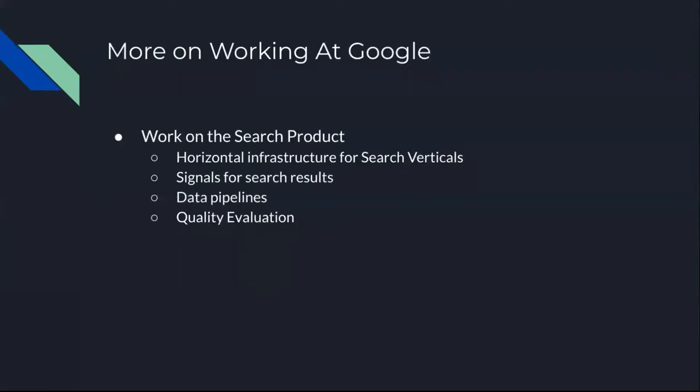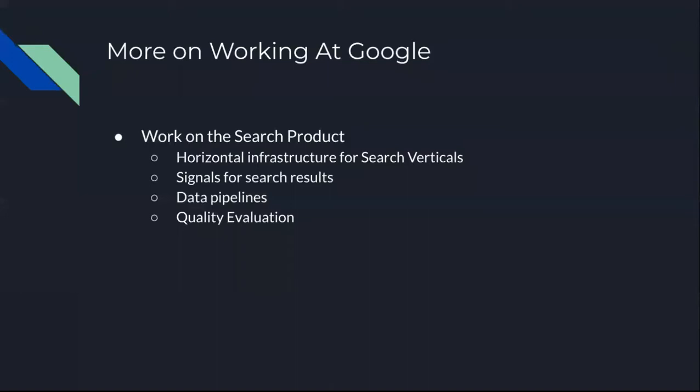More on working at Google. The product that I worked on is based on infrastructure for search verticals. Generally, when you go into a software company, there's a whole stack of services that are interdependent. Search verticals are at the lowest layer.